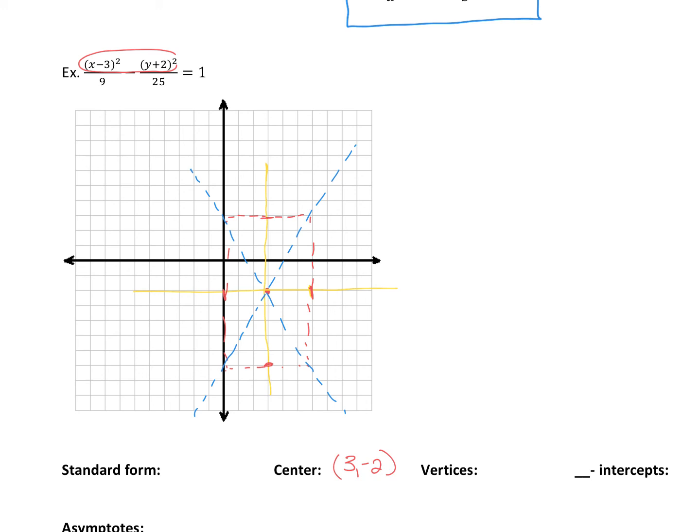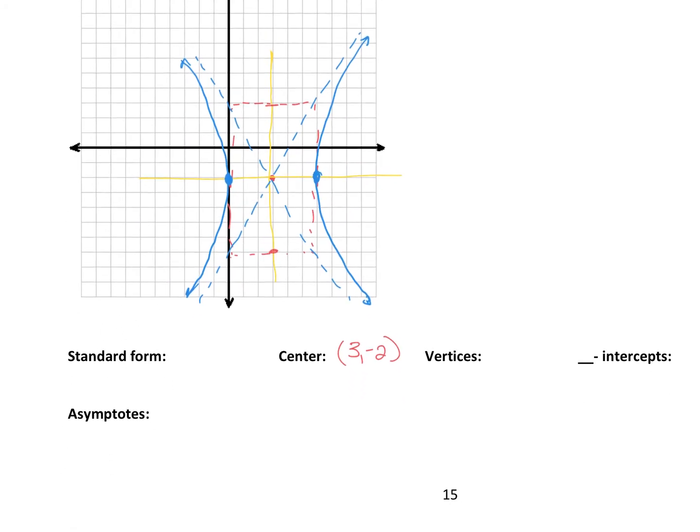And then I notice that this one starts again with an x squared, so it's going to open in the x direction. Remember that if it opens in the y direction, the y squared is going to be first, or at least positive. Okay, so these 2 points, blue points here, are our vertices.